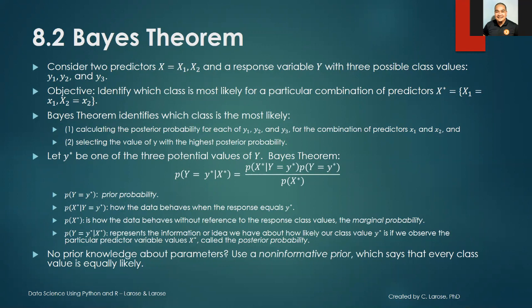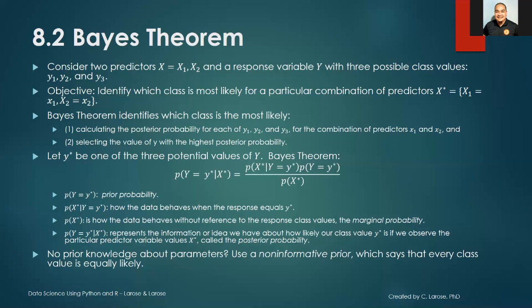The denominator P(X asterisk) is how the data behave without reference to the response class values, otherwise known as the marginal probability of the data. The result of the formula represents the information or idea we have about how likely our class value y asterisk is if we observe the particular predictor variable X asterisk.